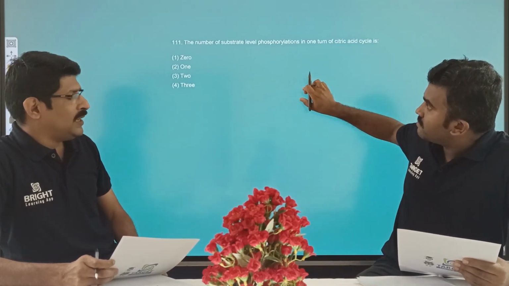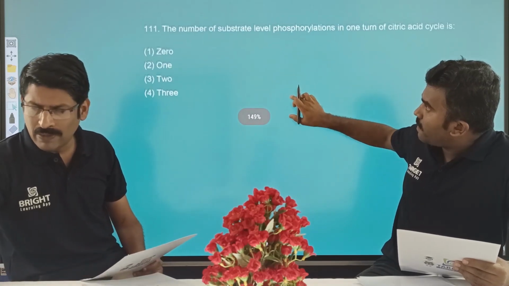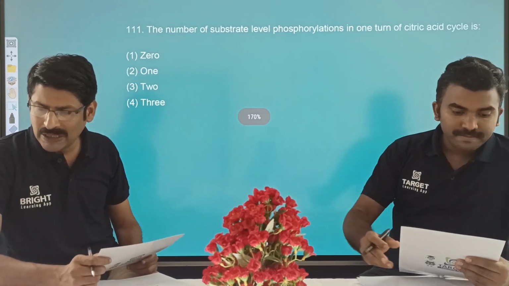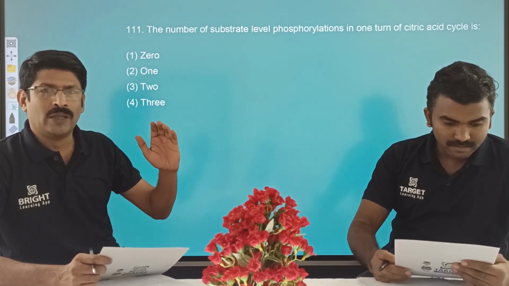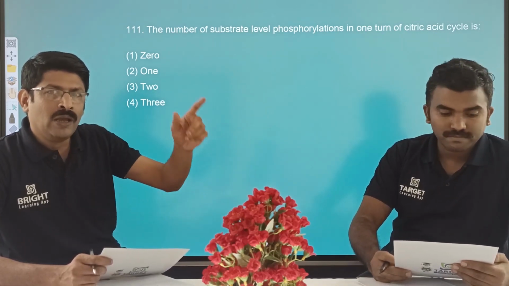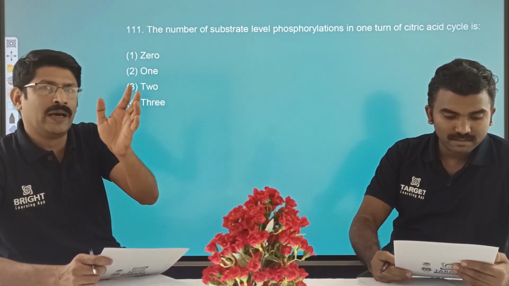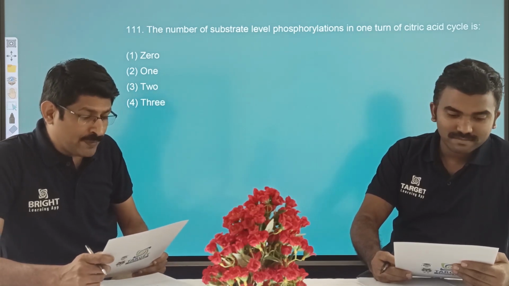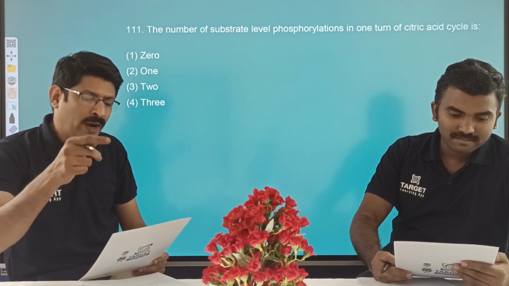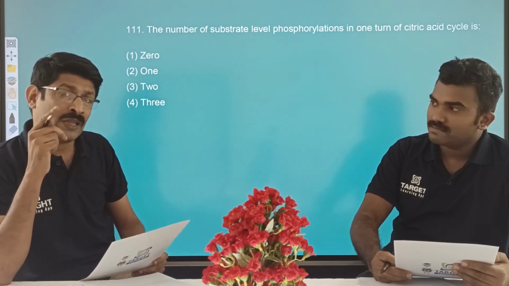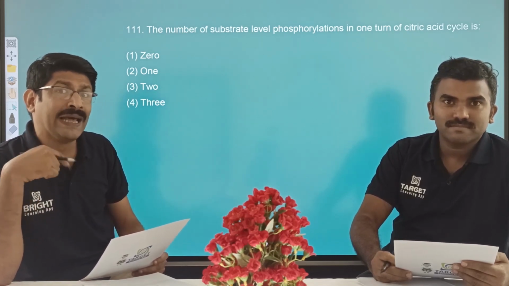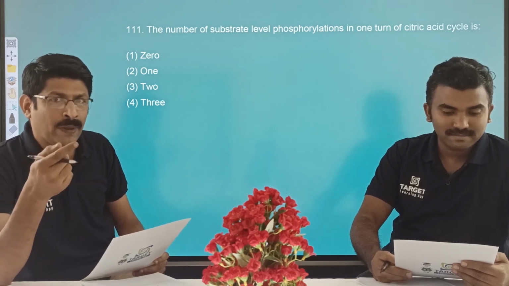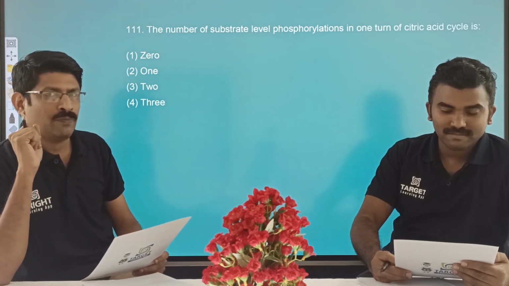Question 110 is a very direct question from respiration in plants, page number 232. On the left side there is the Krebs cycle diagram, and on the right side there is a paragraph explaining the number of substrate level phosphorylations in one turn of the citric acid cycle. Substrate level phosphorylation is direct ATP or GTP synthesis in the respiratory process.